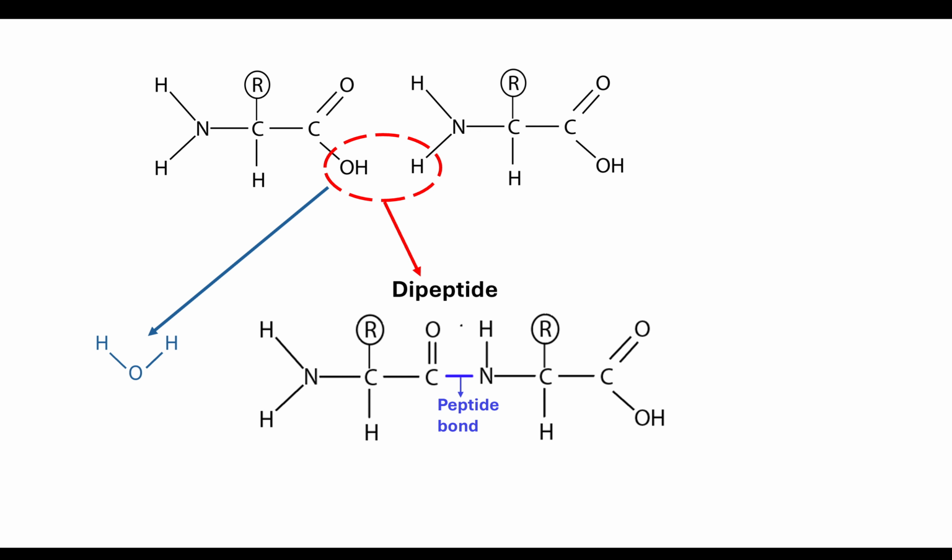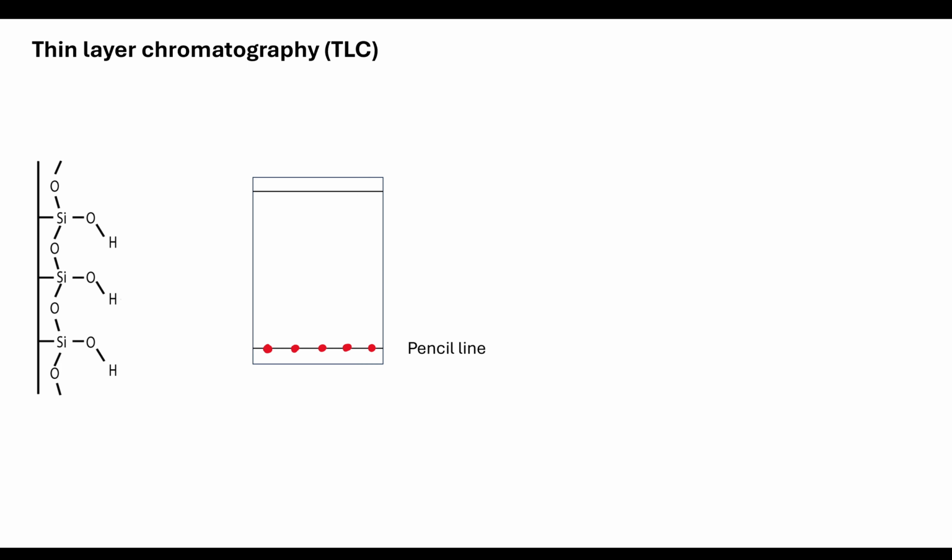What we can then do is bring those two amino acids together by creating a peptide bond. So what we've got here is a dipeptide, two amino acids being held together by a peptide bond. And because we have water being produced as a product, that shows us that this is a condensation reaction.